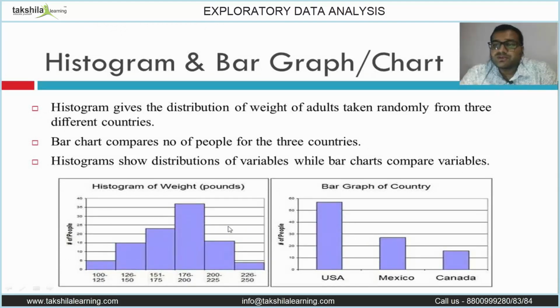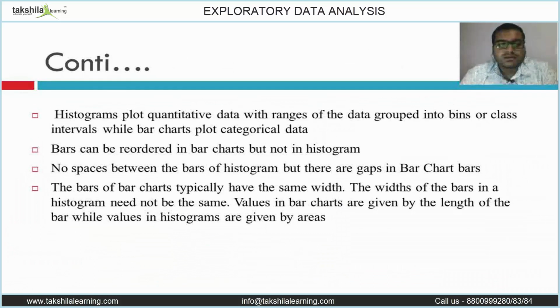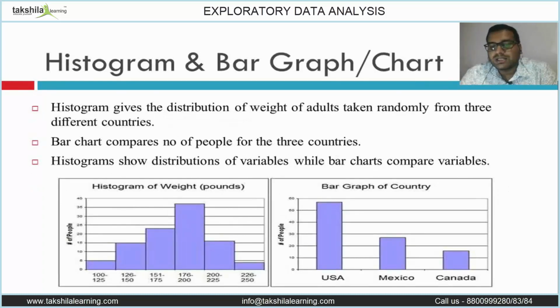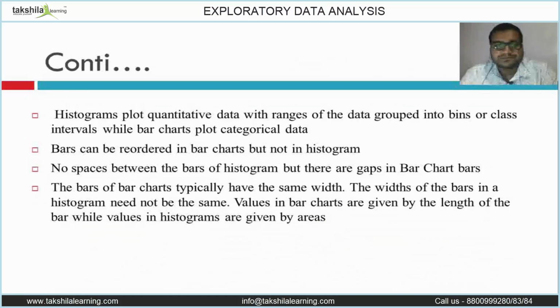When we use quantitative data, it shows the distribution in the form of bins. Also, bars can be reordered in a bar chart but not in a histogram. Here we have three bars, but in a histogram it depends on how we want to visualize it.